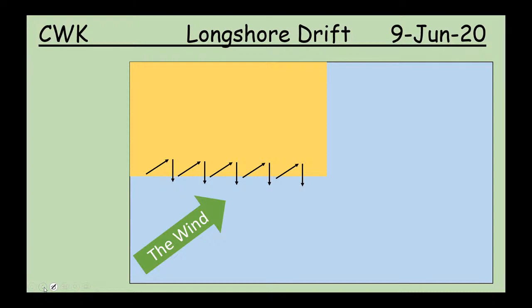So the wind is blowing onto the land, causing longshore drift to happen, and that means we've got material moving down the beach, and the beach is going to be getting larger on the right hand side. Well, now the coastline changes shape quite dramatically here, and so as a result the material that's moved down suddenly just gets dropped off because there isn't any more beach or land to push it onto, and so we get deposition occurring.